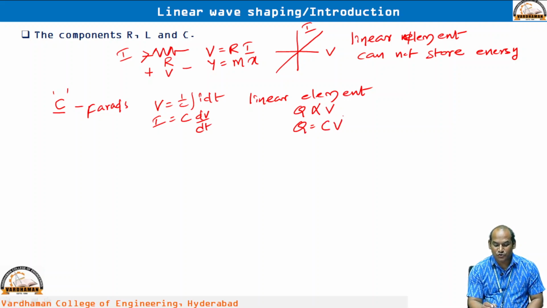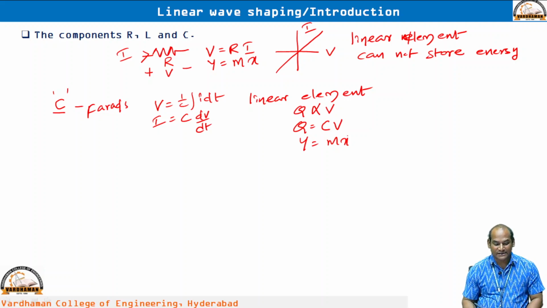So Q is equal to CV, and C is the constant. It looks like y is equal to mx again. If you draw the graph between charge and voltage, it is again a straight line passing through the origin, so the capacitor is also a linear element.